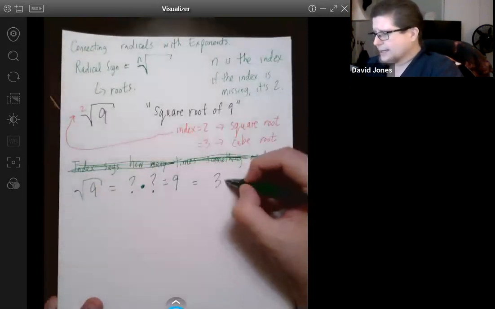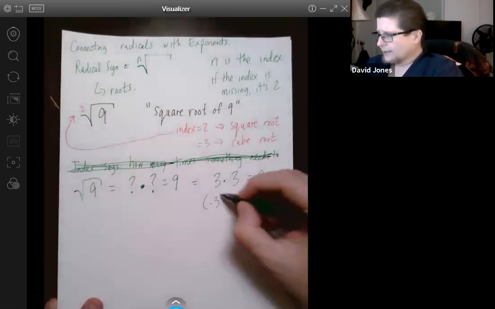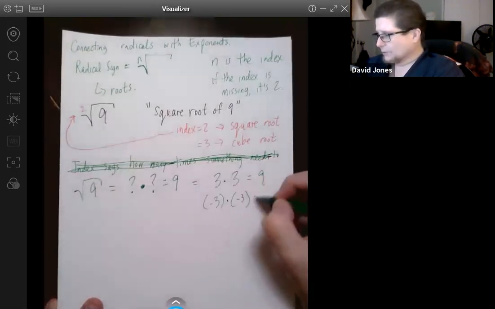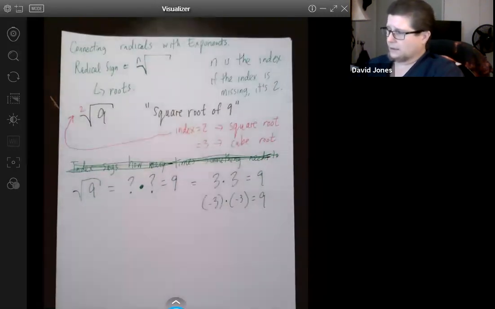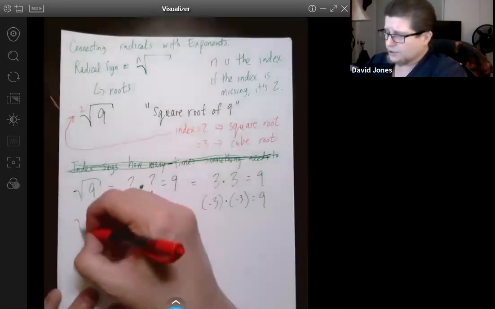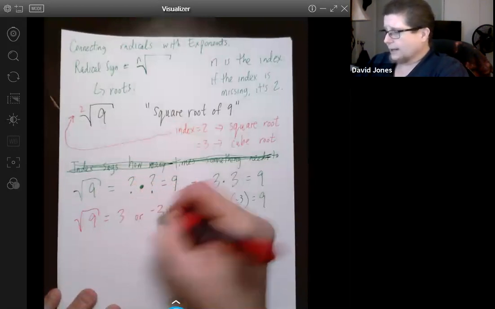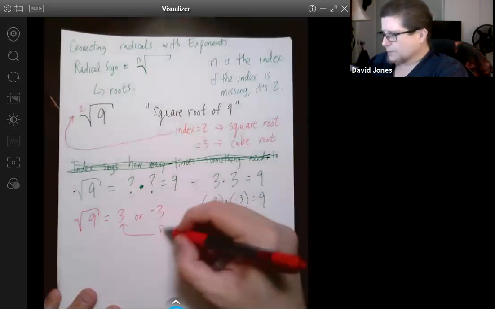I could do 3 times 3 equals 9, and negative 3 times negative 3 equals 9. And the positive version, so what I have here is the square root of 9 is 3 or negative 3. We call that one the principal root.